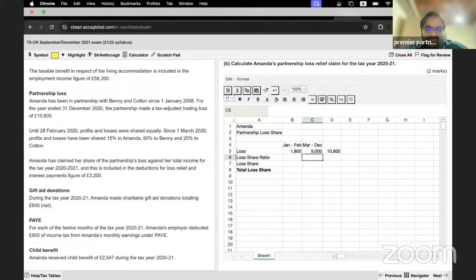We are agreeing on that? Right. So the loss share ratio for the first period, they were sharing equally.